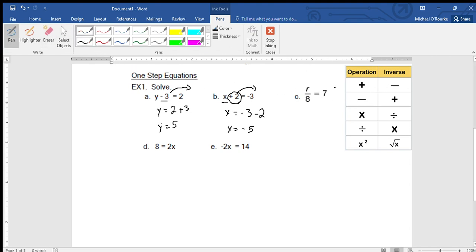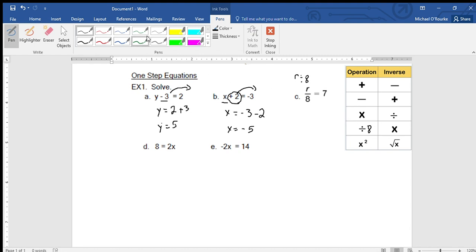Now, if we do this one, we have r over 8. And this here is a divide. If something's over it, it's the same as saying divide. So that's the same as r divided by 8. But we write it like this because it's a lot easier when we get to bigger questions. So right now we have divide by 8.